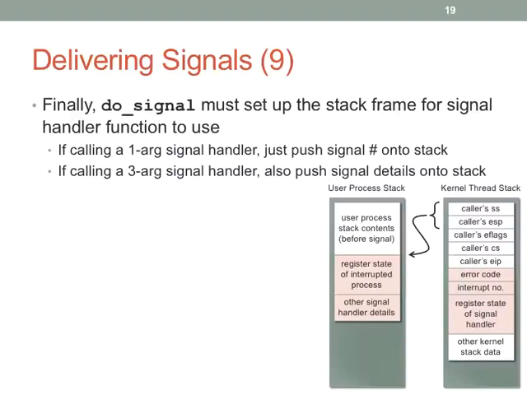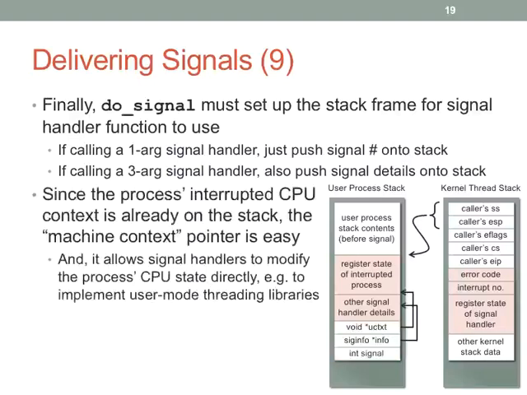Of course we also need a stack frame for the signal handler, so we go ahead and push stuff. Now what's really neat about this is that we have to push the signal number. That one's obvious. But we also need the sig info and the machine context if we are doing our advanced signal handling mechanism. Well, those things are already on the stack because we needed to save them anyway.